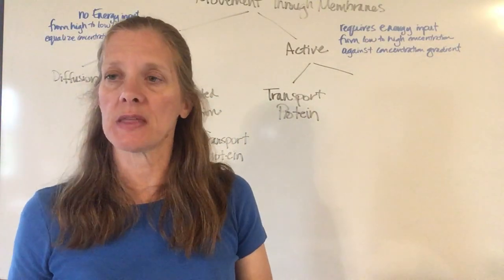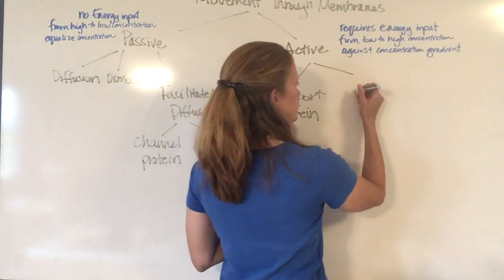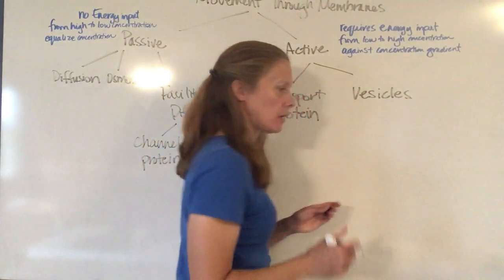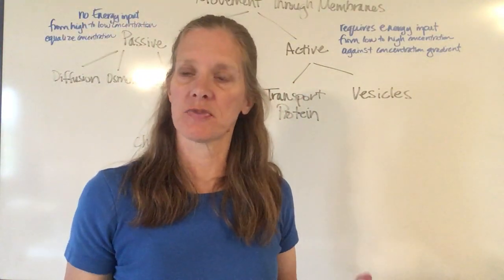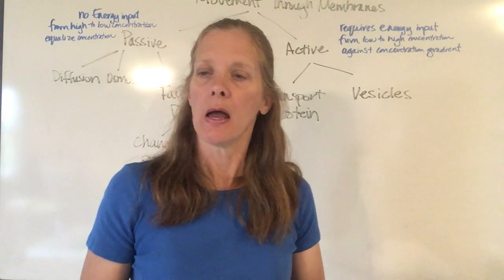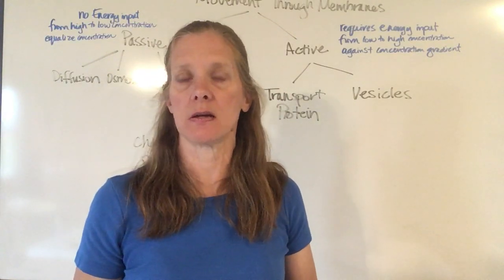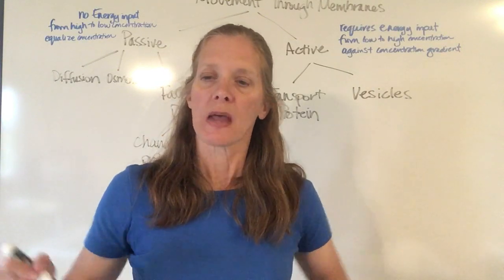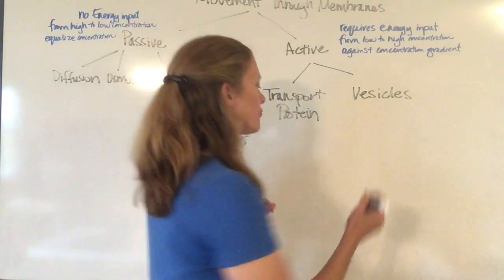The other thing that a cell can use for active transport are vesicles. And we talked a little bit about vesicles when you studied the different parts of the cell, the different organelles of the cell. And so vesicles are used very, very much in all kinds of cell transport. Okay, so there are 2 types of specific transport that vesicles are used for.